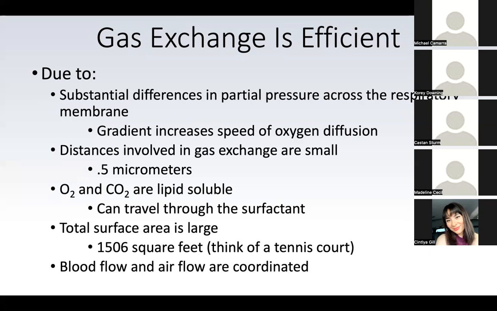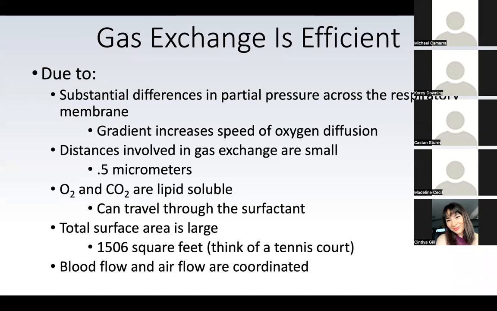So a couple of factors to consider and appreciate with respect to this efficient process of gas exchange. The differences are substantial enough in partial pressure to drive diffusion. The distances in which gas exchange occurs are very small. We know this because there's only, again, a single layer of cells in the epithelium, in the alveoli, as well as that of the capillaries.